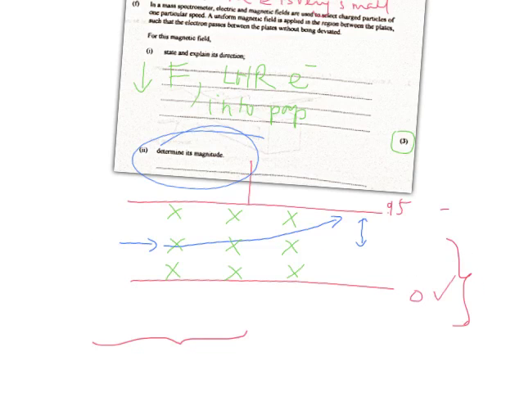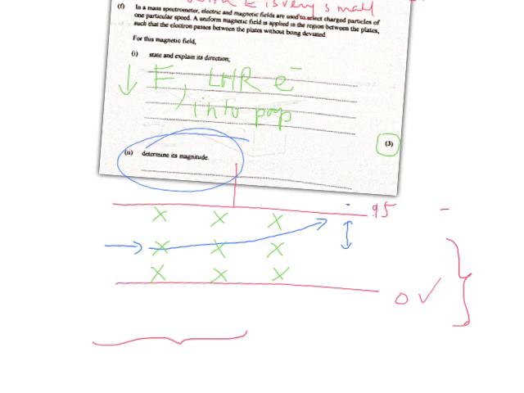Our initial deflection would now not be towards 95 volts, the positive 95. It would be in the opposite direction, because now this would be positive, so it would be attracted to this plate, and so that force would be down.